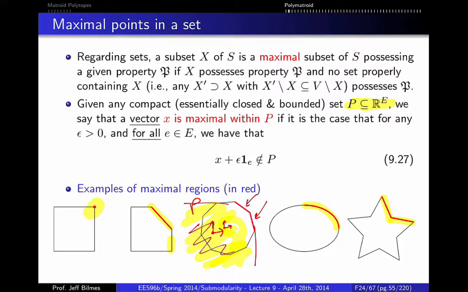This is the definition here: epsilon greater than 0 for all directions. If we move even the slightest bit up or to the right, or in higher dimensions, in the positive direction along any dimension, we've left P. We're right at the boundary. It's maximal. Does that make sense?